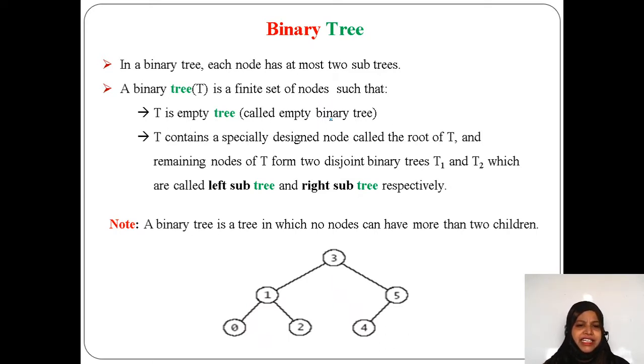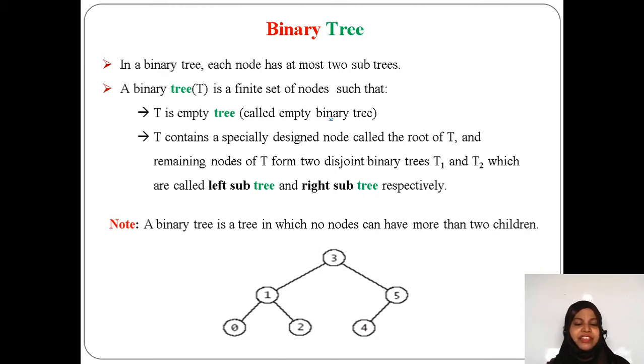A binary tree T is a finite set of nodes such that it should be empty. T is an empty tree if it doesn't have any nodes, and then that particular binary tree is known as the empty binary tree, right? Otherwise the tree contains a specially designated node called the root node, and the remaining nodes are partitioned into two disjoint sets.